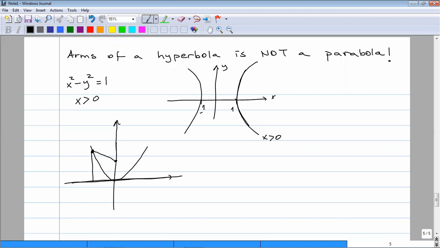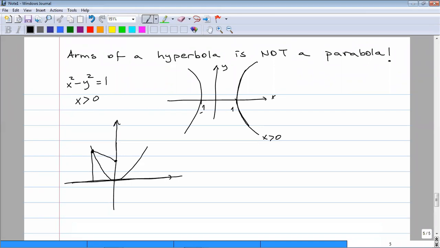Actually, I don't think that in the parabola there is any point where, if the x point is 2 and the y point is 4, the distances to the y-axis and the x-axis are different.